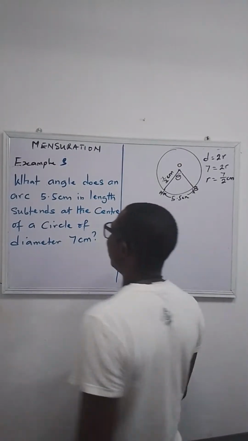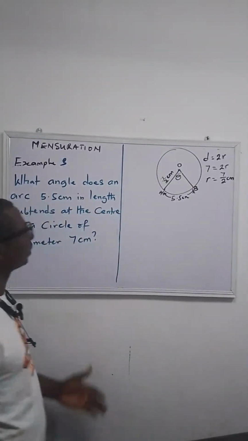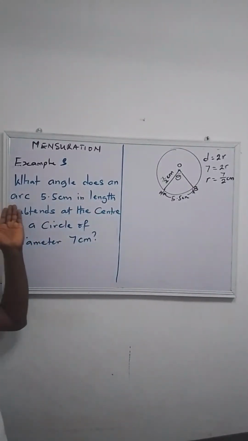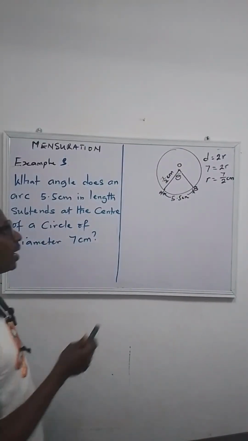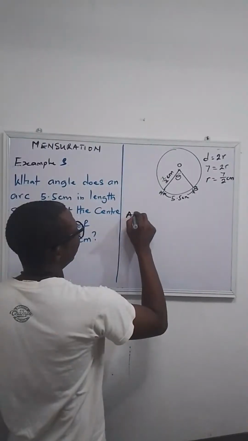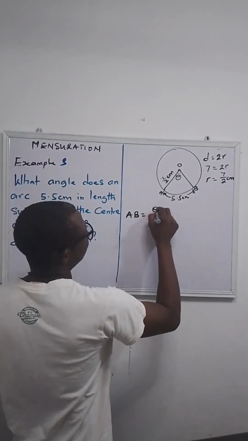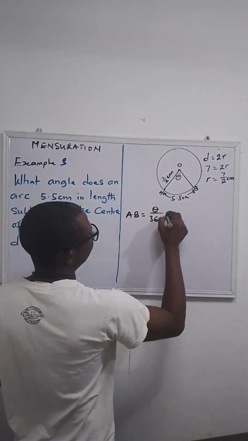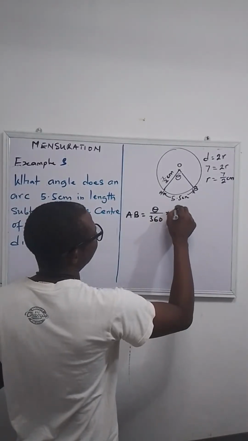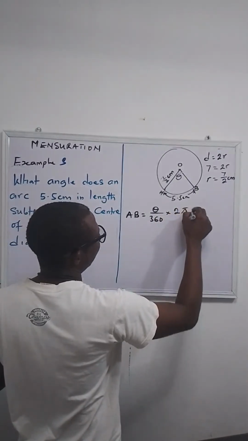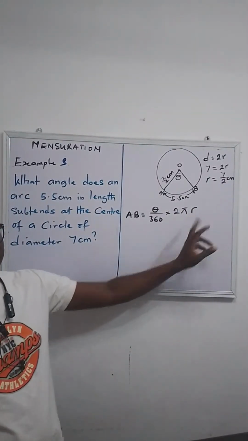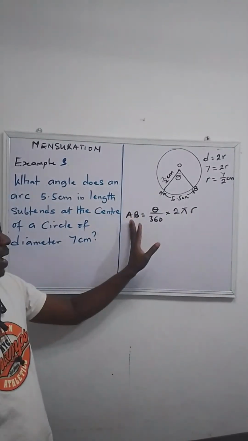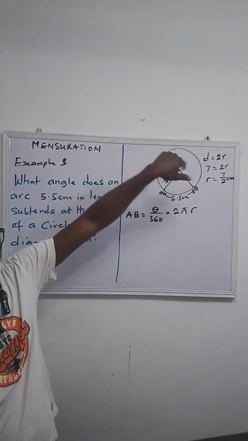Now, because the question is talking about the length of an arc, we need to write the formula for finding the length of an arc. So we now say arc AB equals theta over 360 times the perimeter of a circle, that is 2 pi r. Perimeter of a circle, 2 pi r, because an arc is a fraction of the perimeter of a circle.